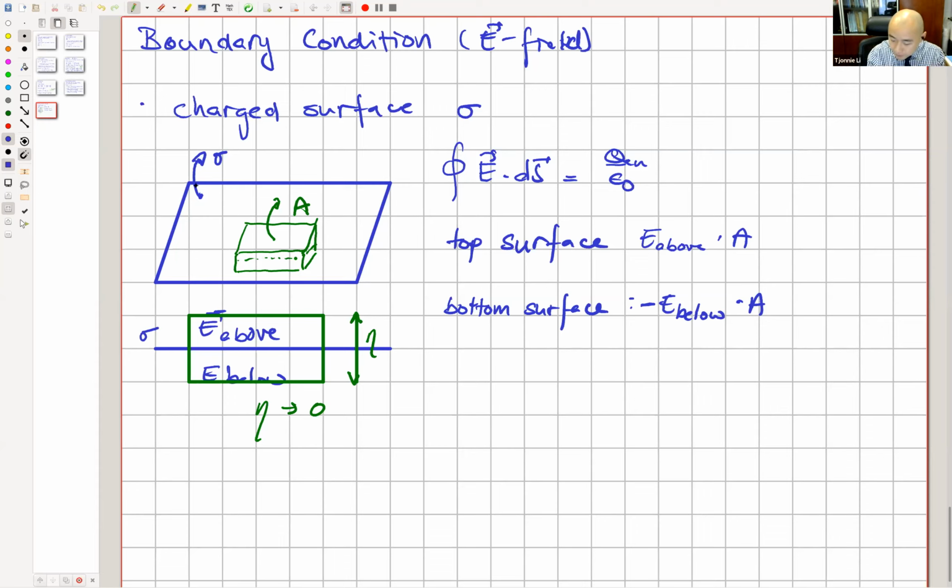Okay, and so in this case, what do I have? Well, the integral here, the sides go to 0.